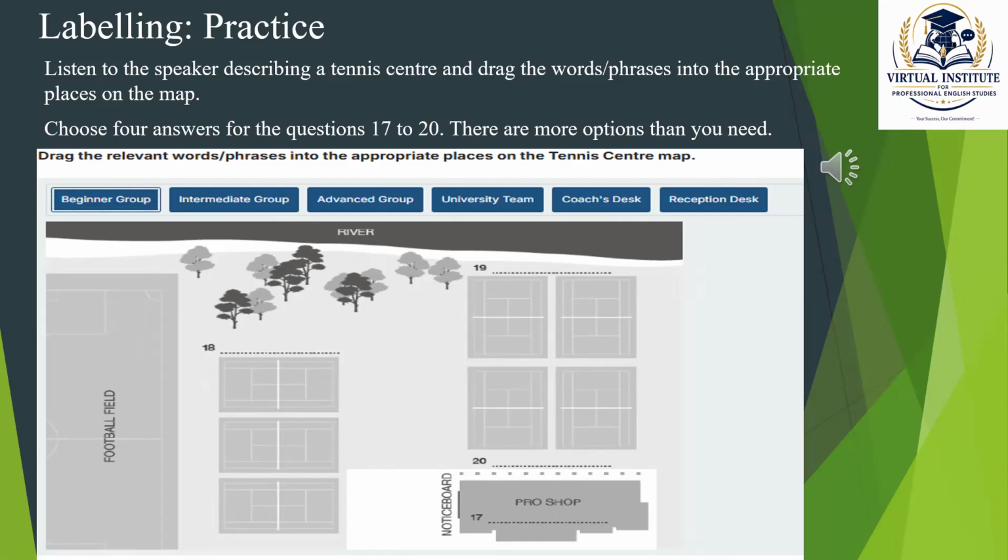Now, as you can see on the map, there are 3 courts over near the football field and 4 behind the pro shop. Those who are just starting out, who haven't played before, are usually the biggest group, so they play over near the football field. The university team used to practice on those courts, but now they play off campus at the National Tennis Centre on the other side of town. That's where their coach is based.